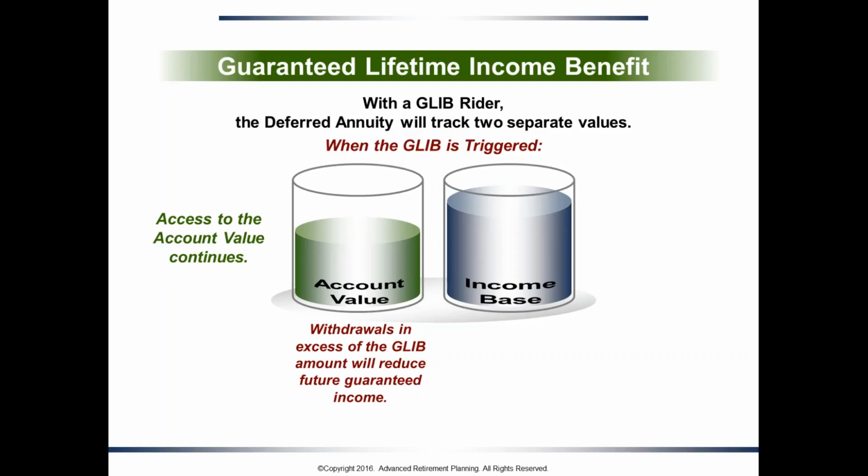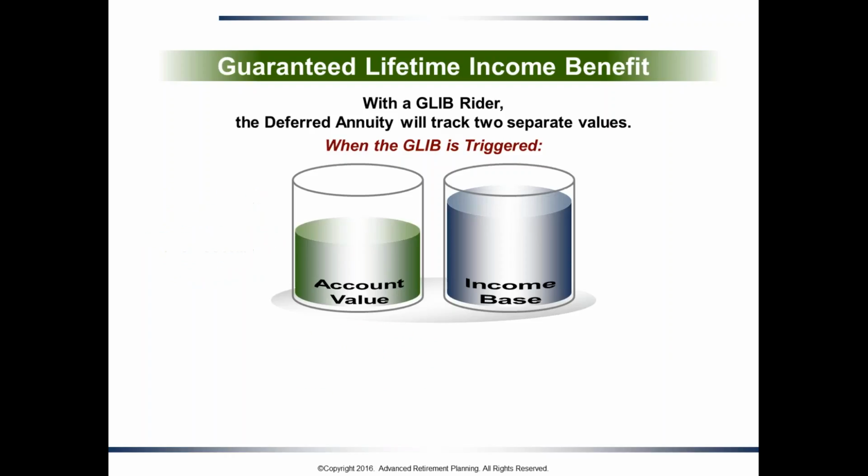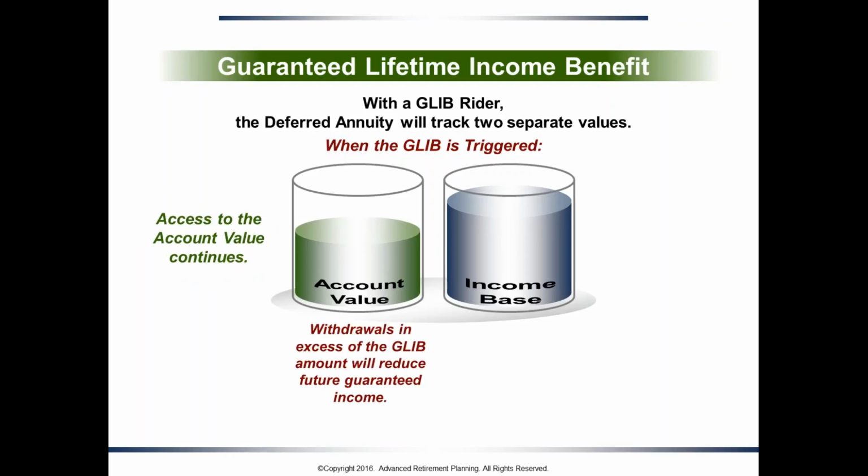So knowing this, we're able to tell the consumer that yes, you still have access to that account value above what this guaranteed money coming out is, but you have to think of that as purely emergency access, because if you pull more out, your future guaranteed income goes down. If you do too much of that, you could just basically wipe it out entirely. Nonetheless, this is a nice thing to the consumer.